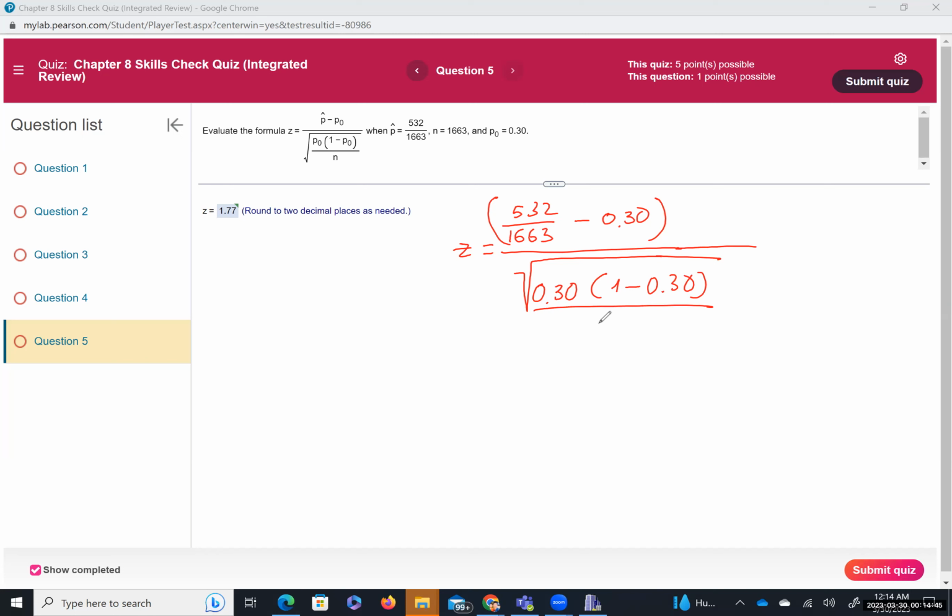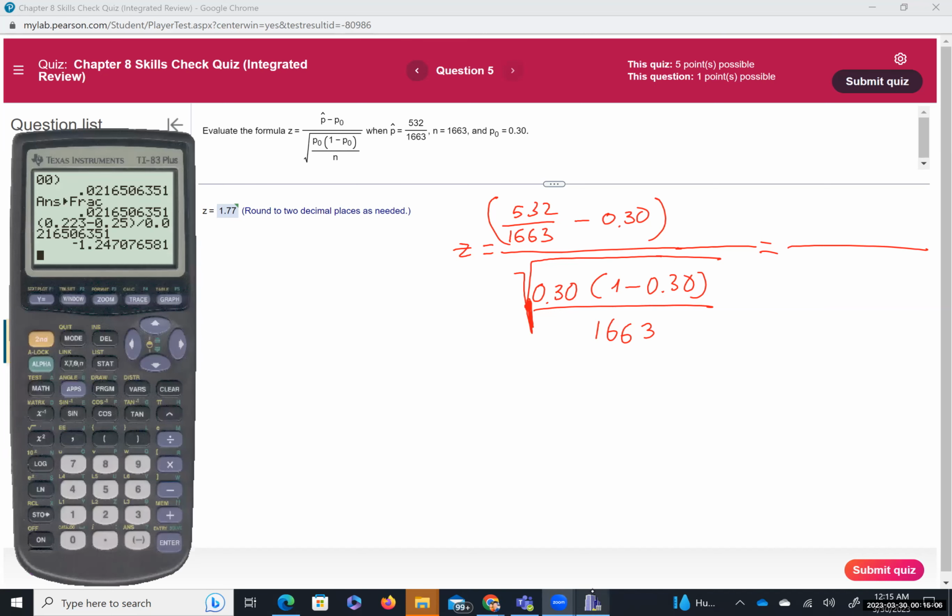So n is 1663, right? So make sure that is under the square root.